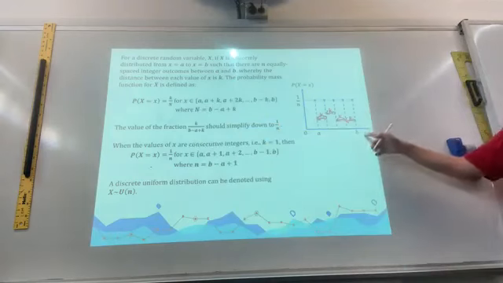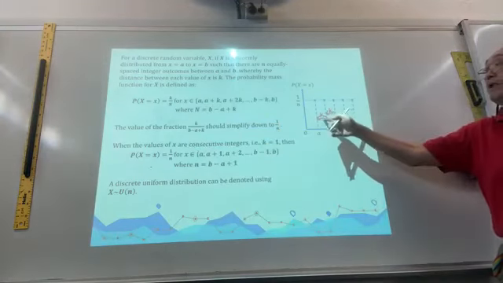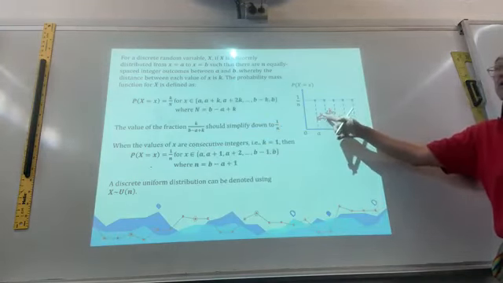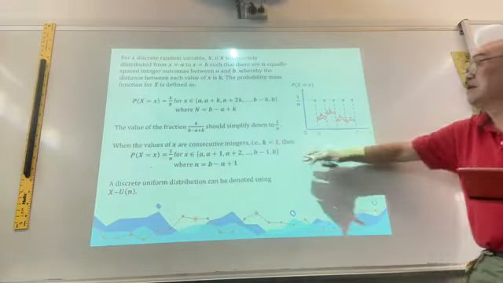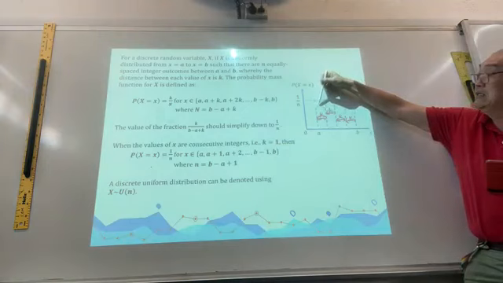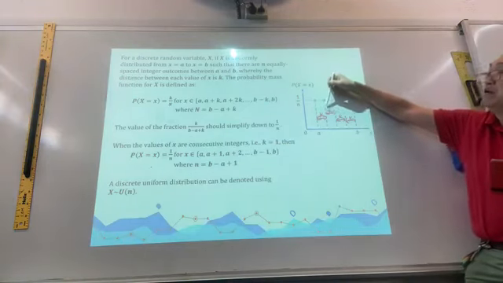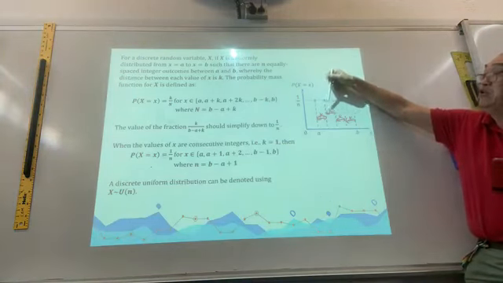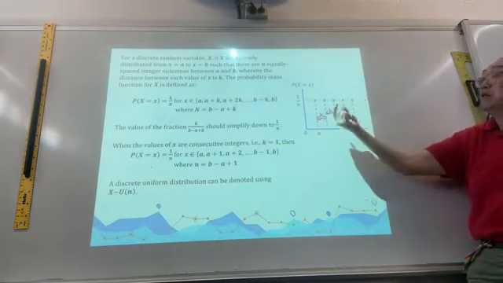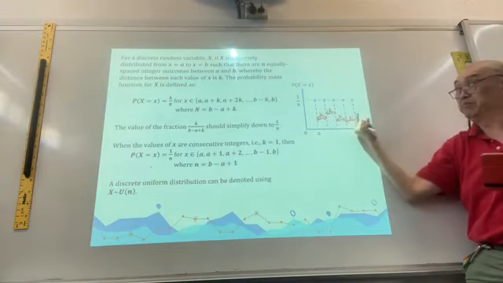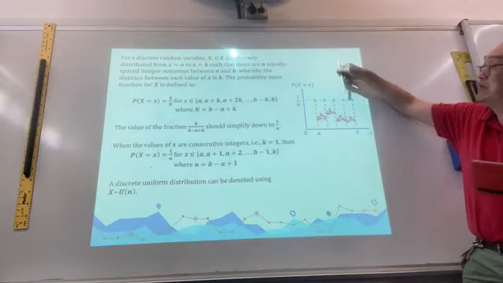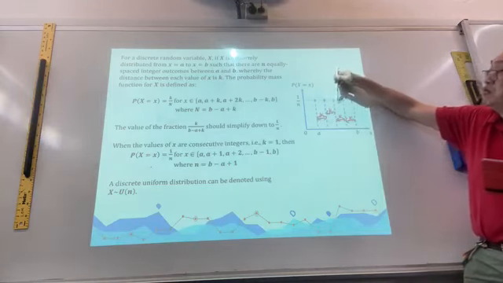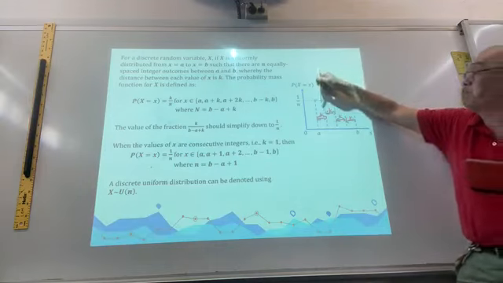N is b, take away a, plus k. Alright? We'll talk about the unique situation when k equals to 1 in a few minutes. But you've got to think about that. This k could be 1, could be 2, could be 3. But they need to be equal. K has to be the same, the interval. So here you can see that there's an interval, equal space, and that's 1, 2, 3, 4. 4 of them. Right?